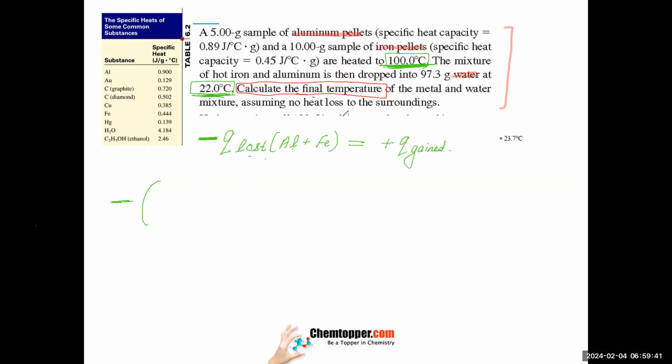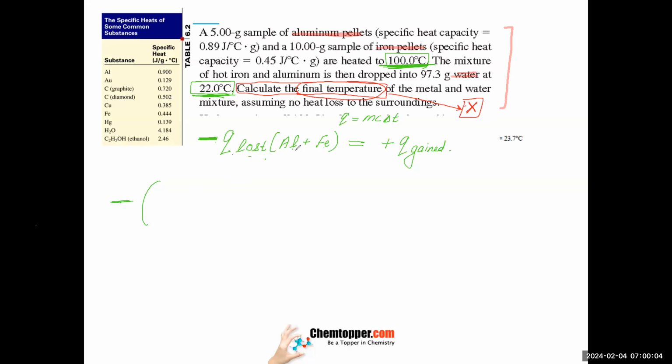You know that Q is equal to mc delta T. I will assume the final temperature is X. All three systems are finally at the same temperature, thermal equilibrium.